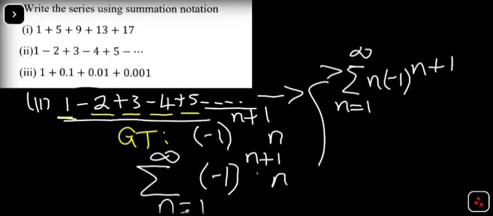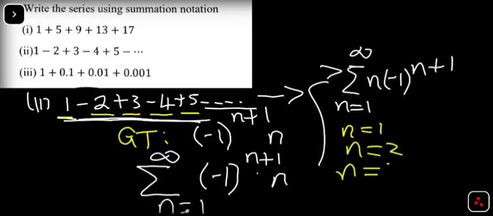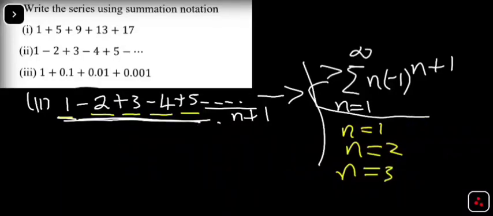So if you want to prove this type of series, if you want to see if what you're going to get is the same as the given alternating series, you just pick the values of n. So if I say n is equal to 1, n is equal to 2, n is equal to 3. I just want to prove this. We are using this one, this is our summation notation.